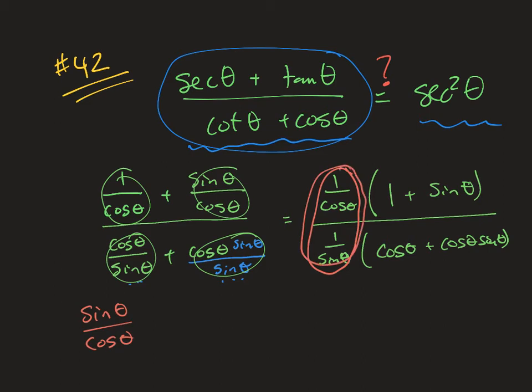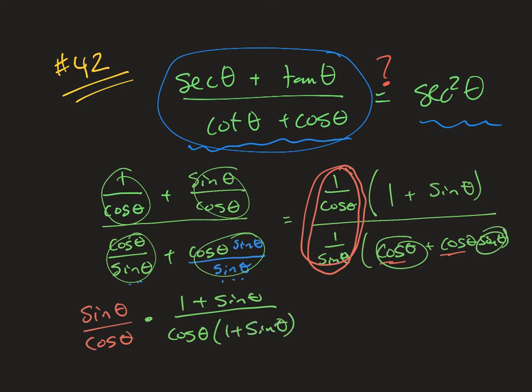And then notice that there's a common factor of cosine theta left in the denominator. So as I rewrite this green part, the 1 plus sine theta will stay, and then I'm going to factor out that cosine theta so that I have another 1 plus sine theta from this guy.